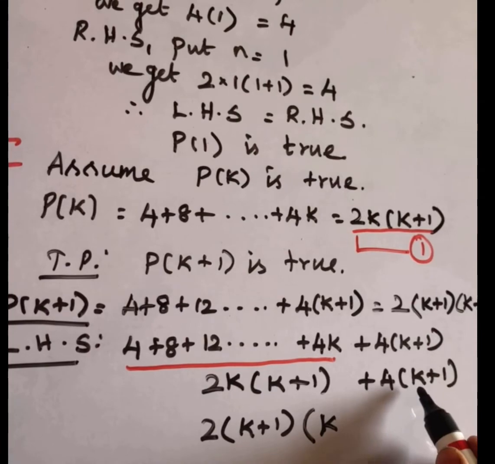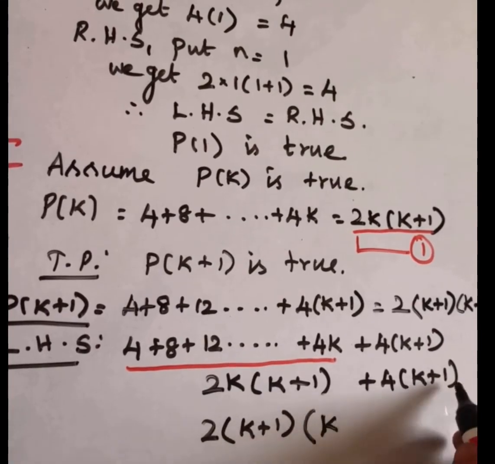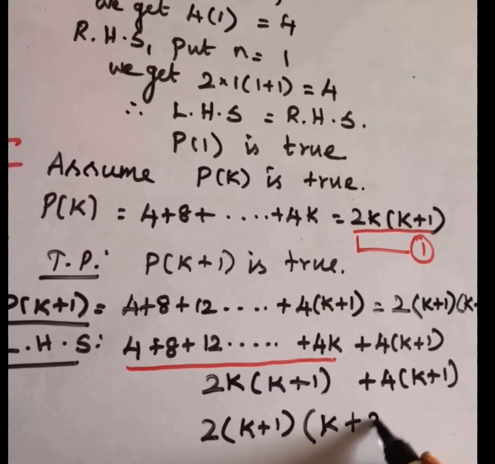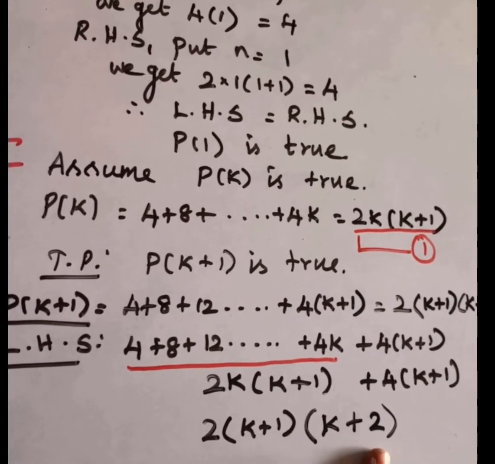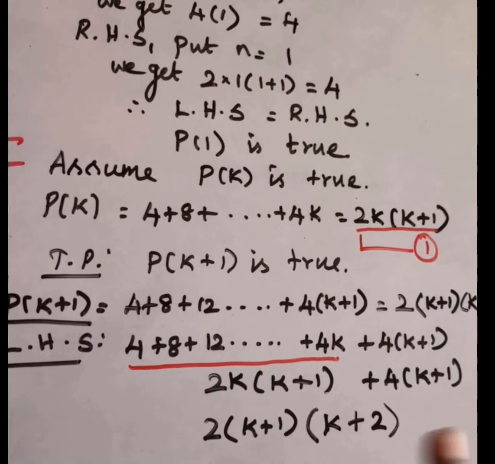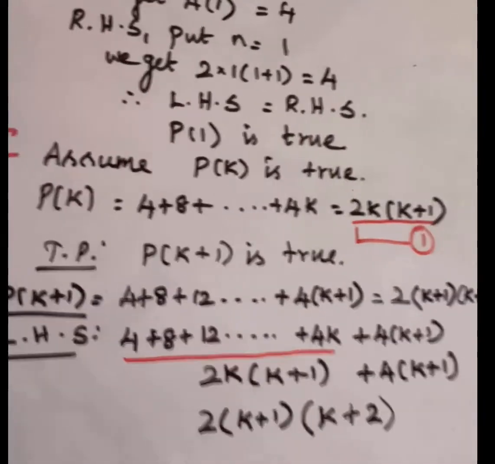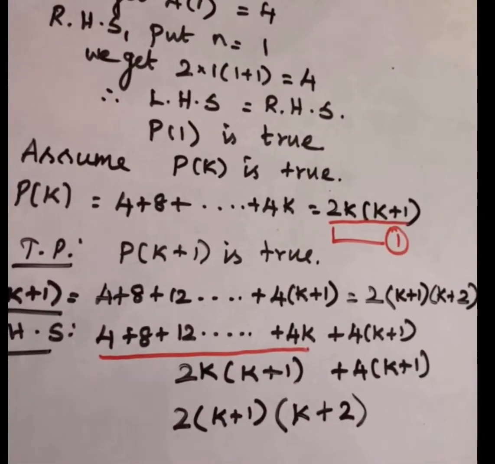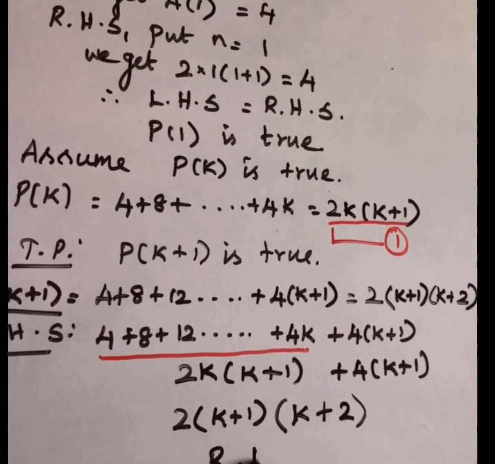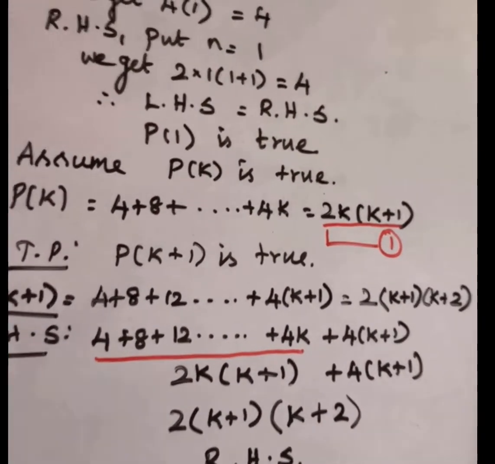Similarly, here also, if I take 2 and k plus 1, only 2 is there. So 2 into k plus 1 into k plus 2. Okay, this is our right hand side. This is what we have to bring. Okay, so this is our RHS.